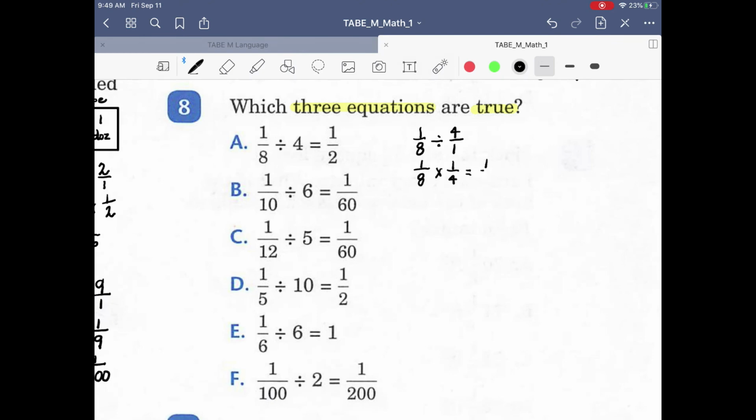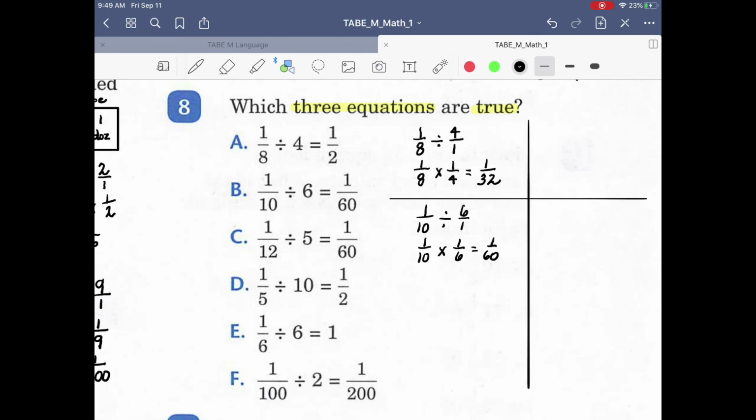That one is false. 1/10 divided by 6/1 is 1/60th. That one is true. And if I don't section this off, I'm going to have a problem because all this runs together on me. So B is one of the true ones.